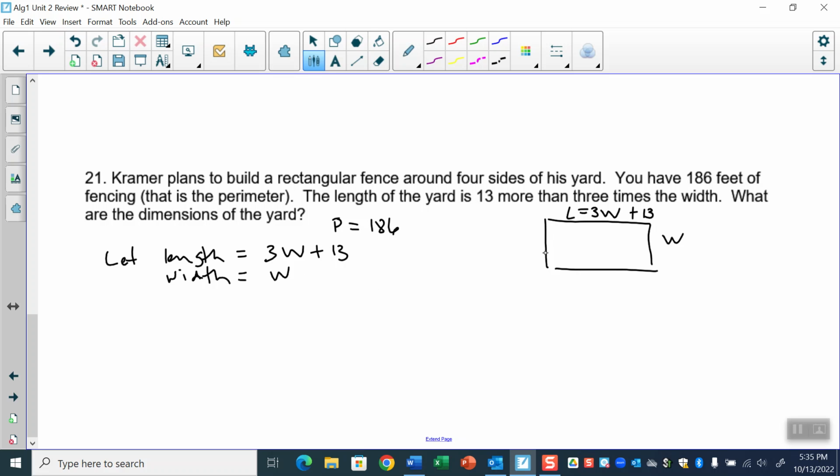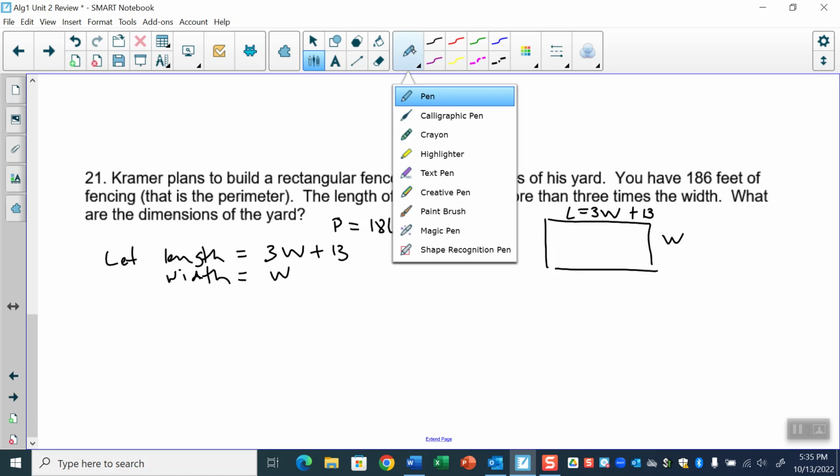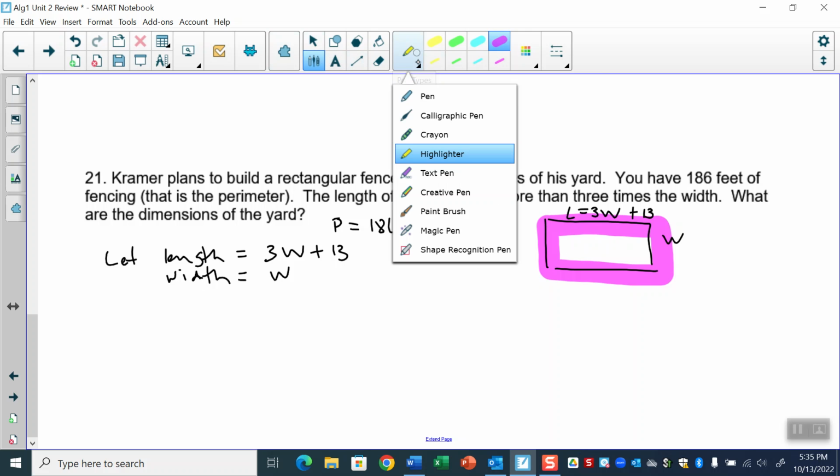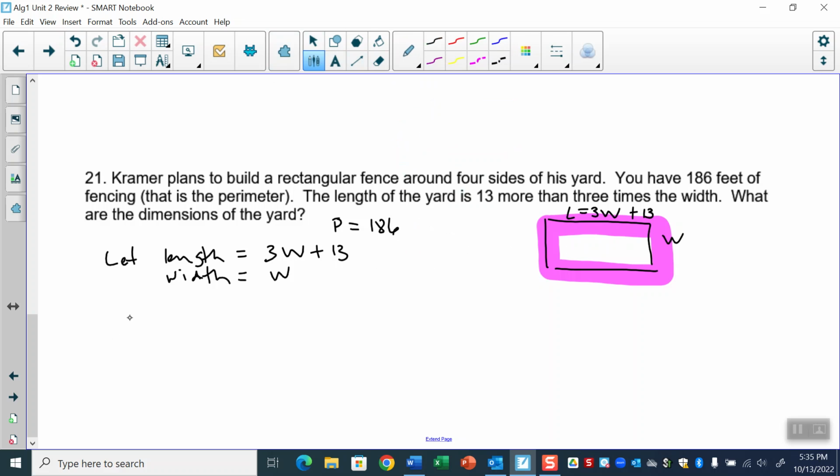So remember, the perimeter is the distance around, right? Perimeter is like if you're doing a fence, this is the perimeter. So that means my perimeter is going to be, I've got two lengths, right? This length and this length, plus two widths, right?